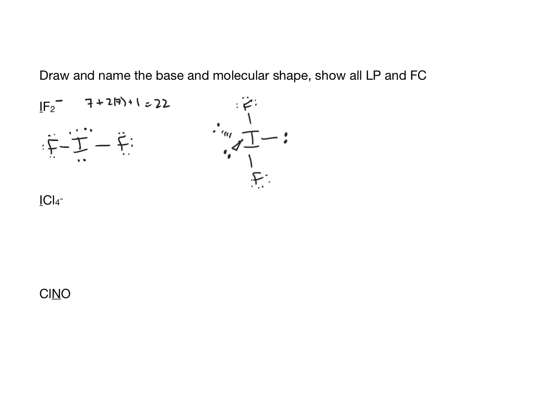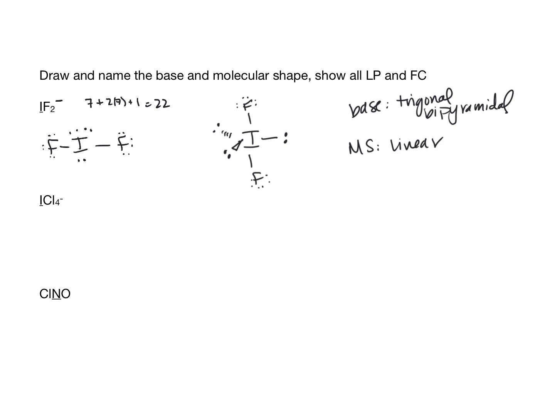So once we see this, we can now say, okay, our base is trigonal bipyramidal. And our molecular shape is linear. So let's look at the formal charges.